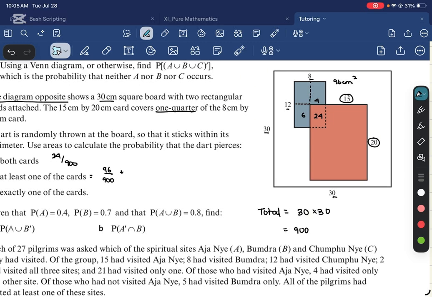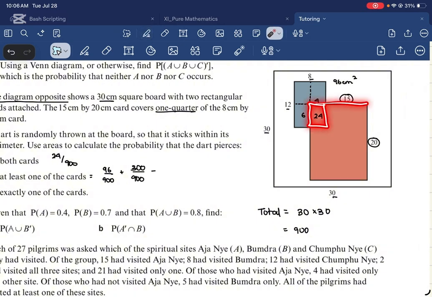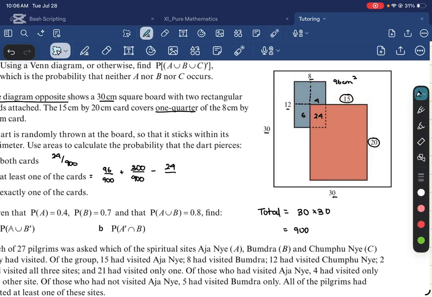So 15 times 20 is 300 over 900. But remember, we counted this part twice. We counted it once here and once here. So we need to subtract it. So 24 over 900. And basically, if you simplify this, you get 12 over 300. So the first solution in simplified fraction is 1 over 25.